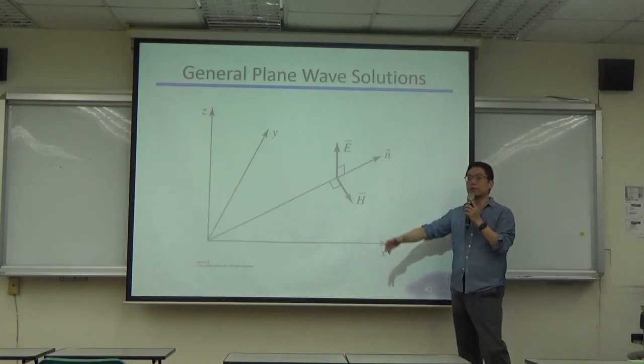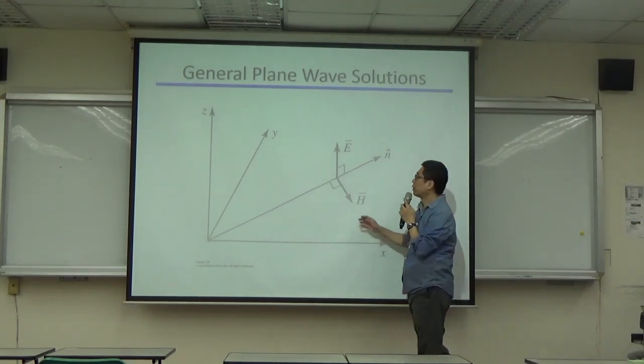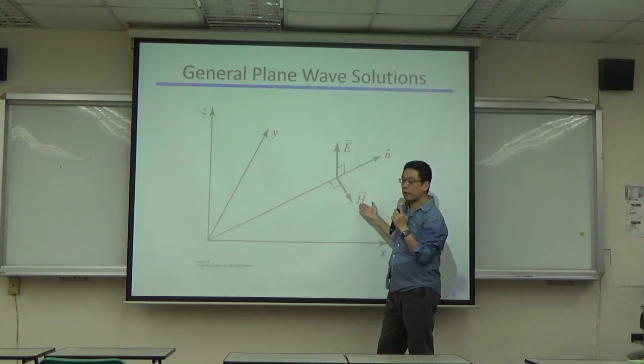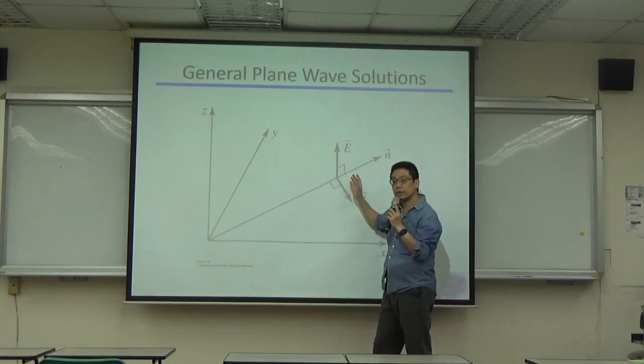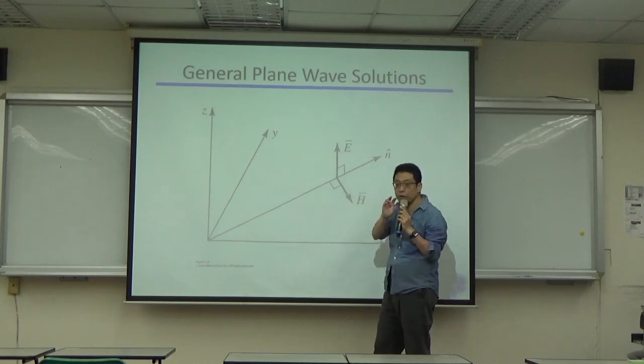We can summarize our class. Let's summarize something we already learned. This is the electric field, and this is its corresponding magnetic field. They occur together, show up together. You cannot give me the electric field independently.